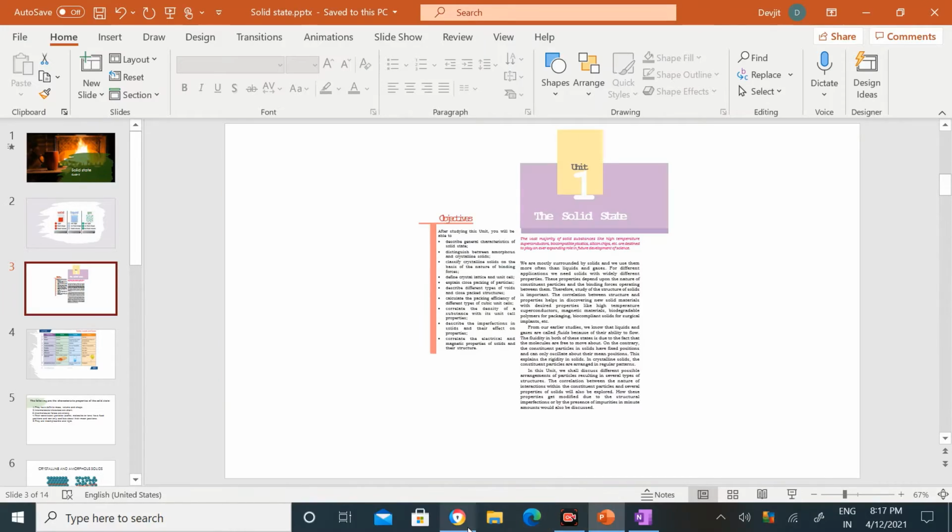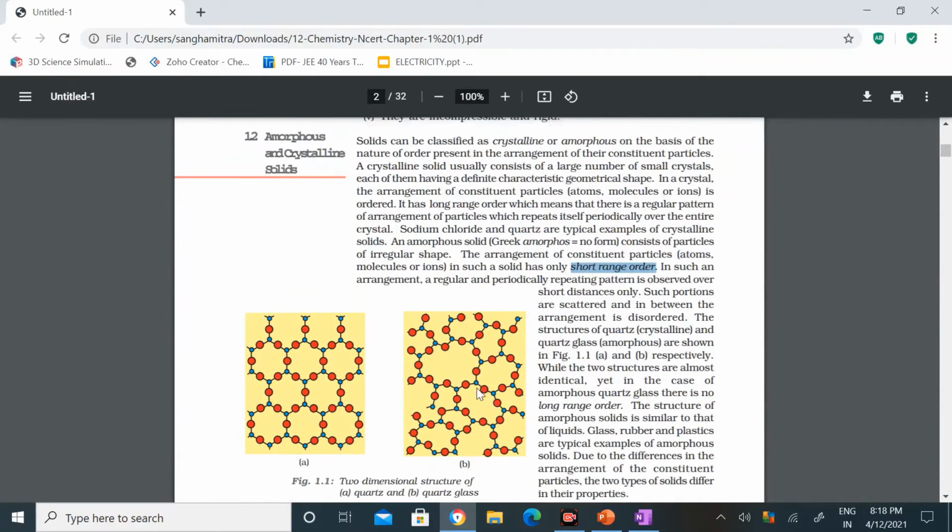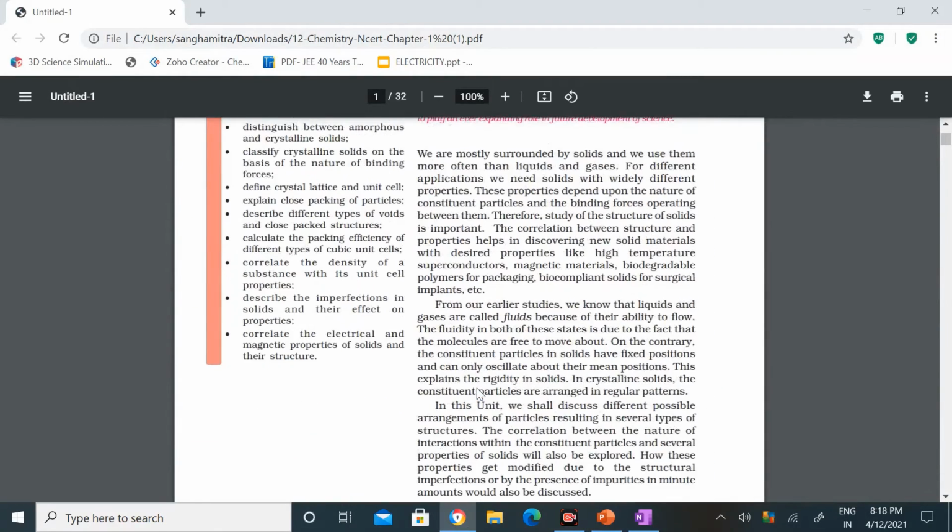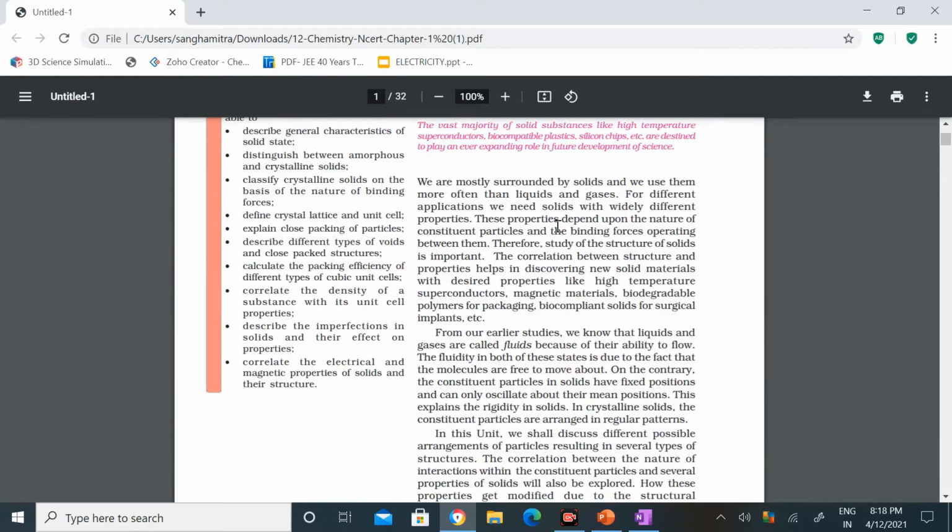Let me open NCERT. So here is our NCERT. NCERT is saying that we need to study the structure of solid. Why? So that we can correlate, meaning we can create a relation between structures and properties.